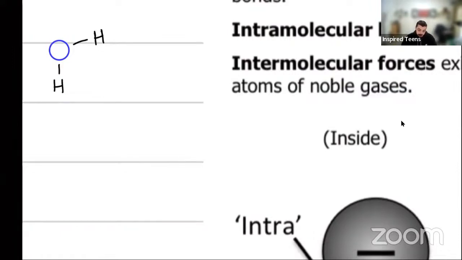It is a regular H2O molecule, and in this case, I have an oxygen bonded to a hydrogen and an oxygen bonded to a hydrogen again. This type of force is known as an intramolecular bond.